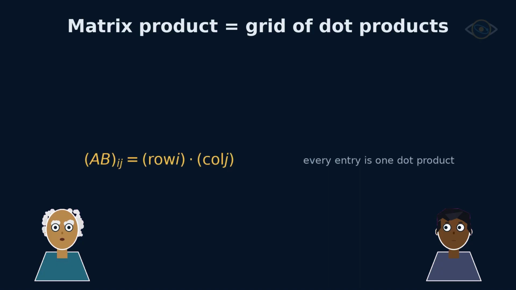Every single entry is a row of one matrix dotted with a column of the other. Wait, so a matrix multiplication is just a whole grid of dot products run all at once? Exactly. Projection, the cosine, and matrix multiplication are 3 views of the same operation.